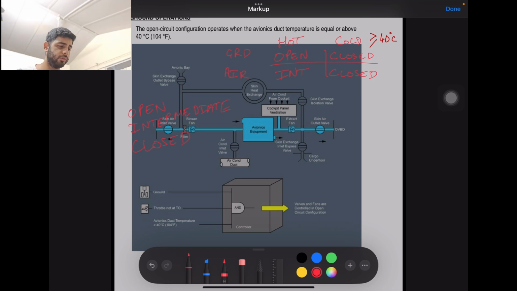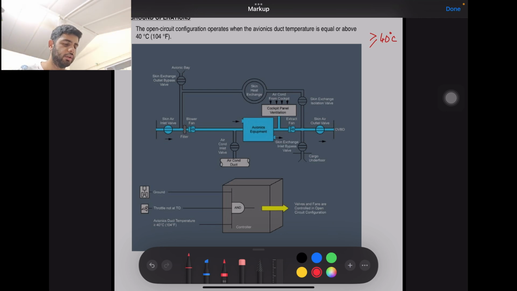This is the major part of your ventilation. An easy way to remember it is the small table, and then we can break it down further. Let's get into the configurations now.